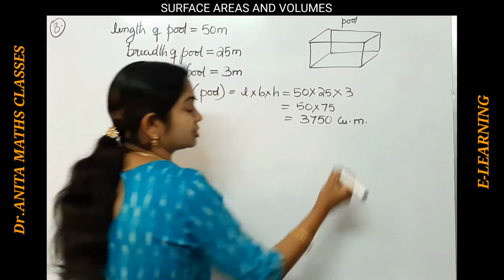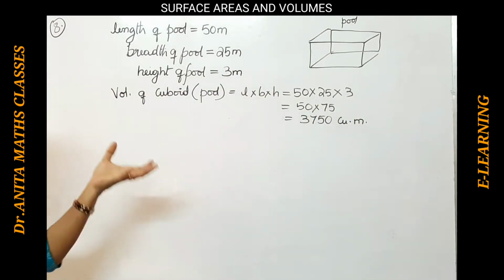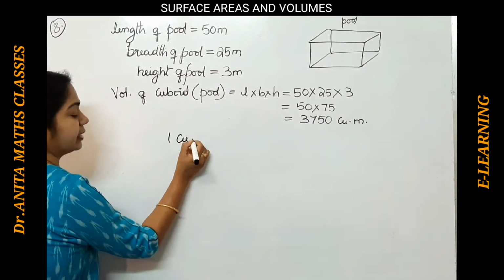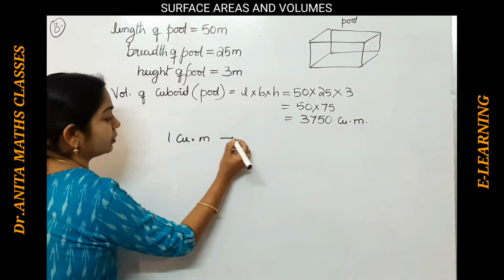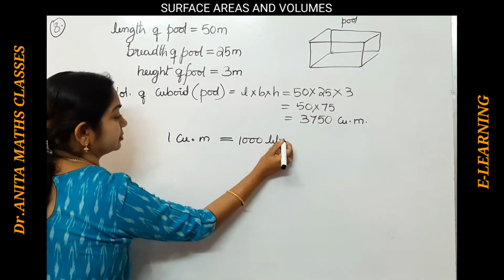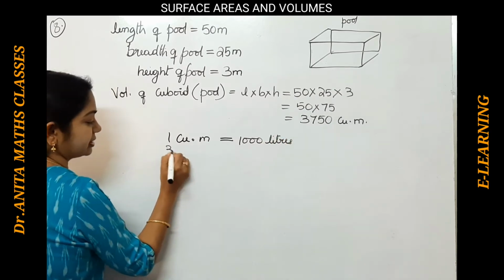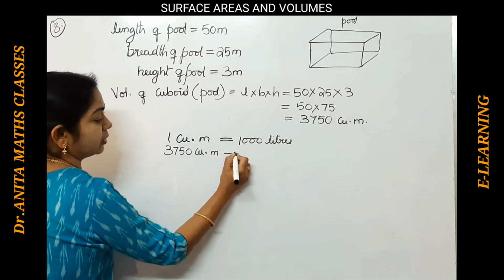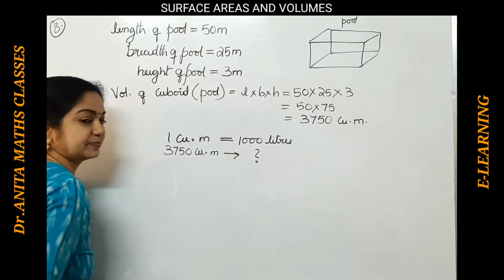But we are asked to find the volume of the water in liters. We as well know that 1 cubic meter is equal to 1000 liters. So 3750 cubic meters is equal to how many liters?